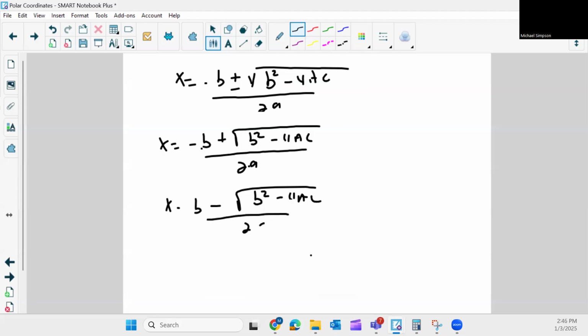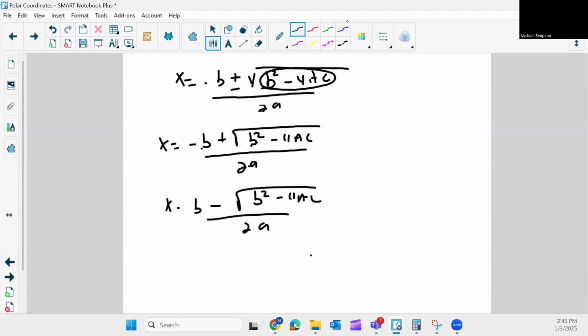I don't want to do an example, but we get a complex number when this number right here is less than 0. We call it the discriminant. When this is less than 0, you get an imaginary number, right?